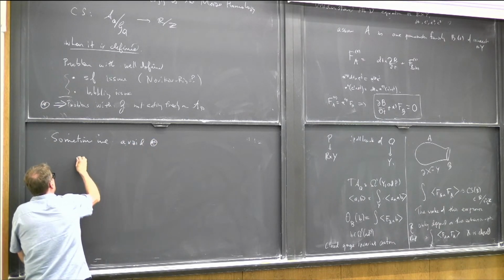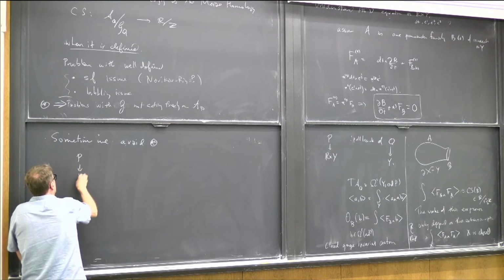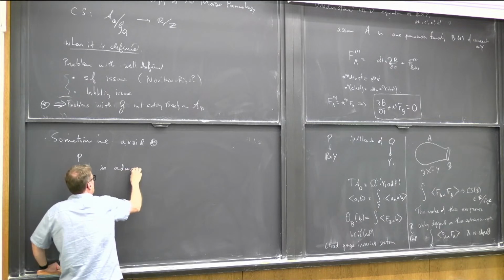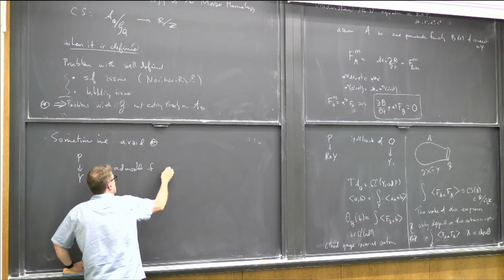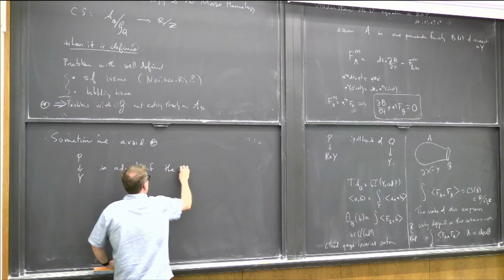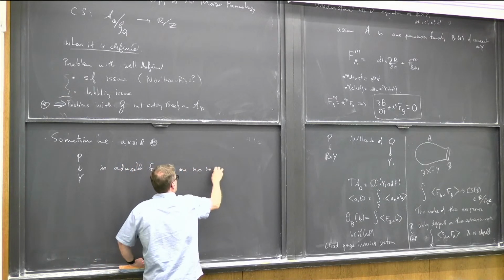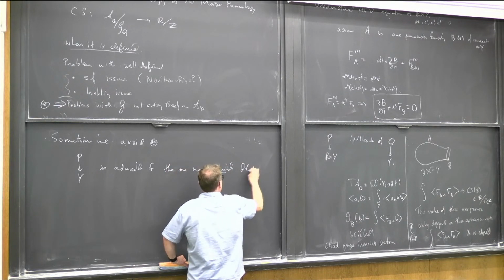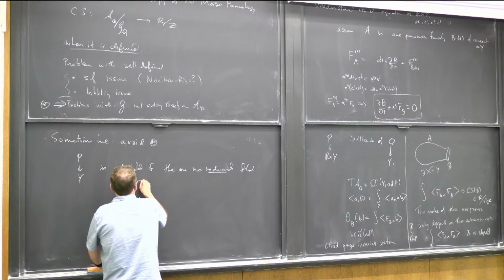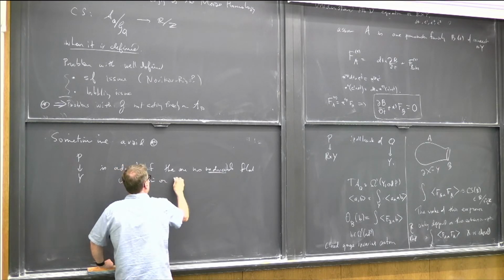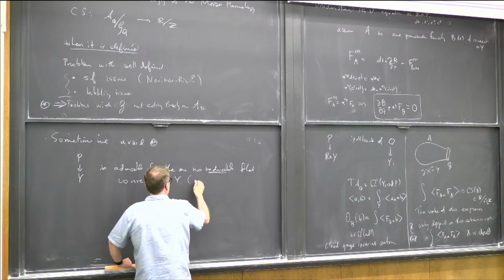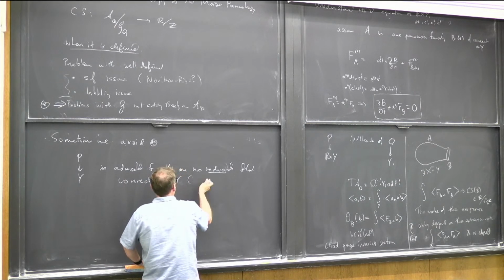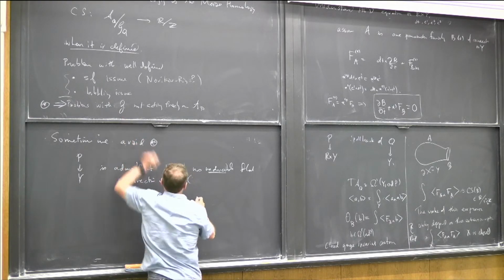So let's say we have P over Y is admissible if, well, there are no reducible flat connections on Y. And this can depend on a choice of precisely what gauge group you use.